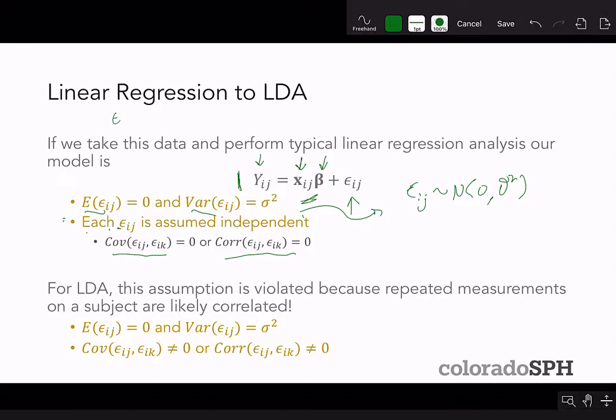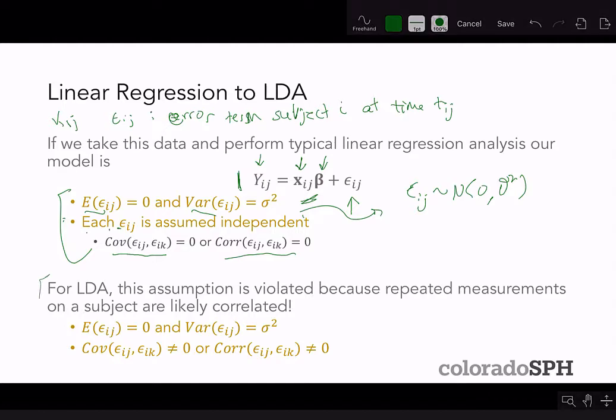And so error ij is just the error term for subject i at time j. It's the same notation that we used for yij in the previous slide.